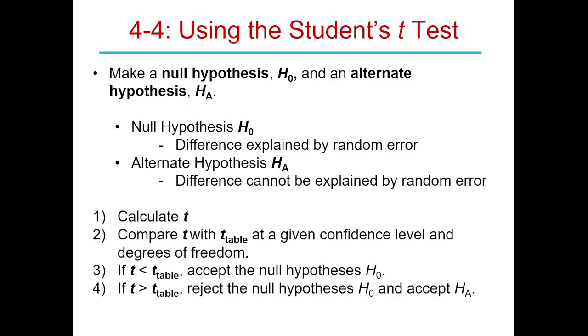So, if your t-value is greater than t-table, you're going to reject the null hypothesis, and you would accept the alternative, which is the differences cannot be explained by random error. And that typically means you have some sort of systematic error, or that your samples are not the same, or there's a variety of things. This is why these are so broad, by the way.